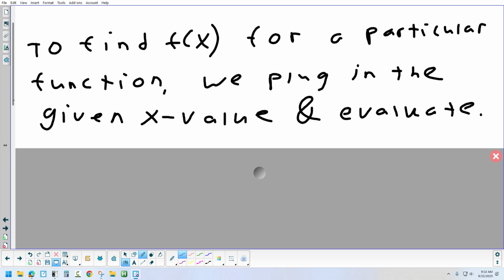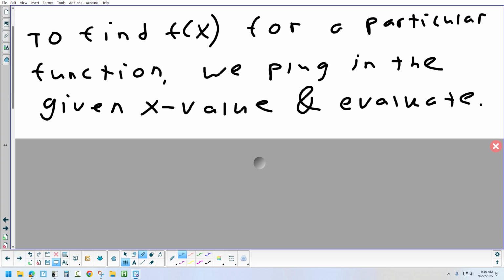All right, so what does it mean to evaluate? Evaluate means I'm going to give you a number, I'm going to give you a formula, and I just want you to take that number and plug it into the formula. Or I could give you a letter too. Basically, whatever I give you, plug that into the formula.